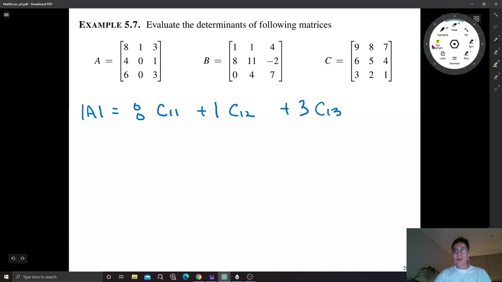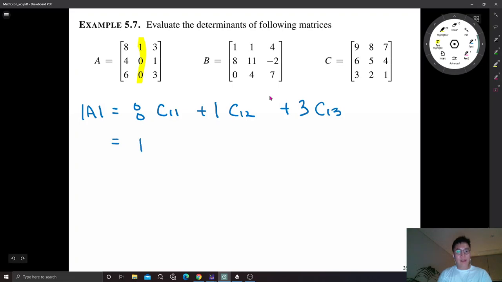So let me choose the second column. Then what do we get? Now the linear combination is the entries in the second column and the corresponding cofactors.